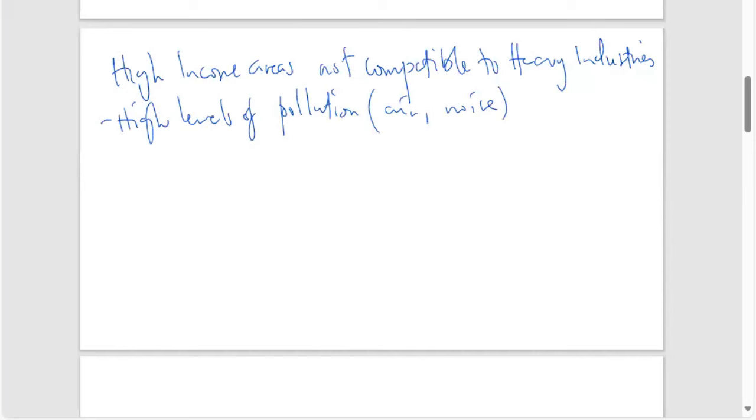And this is not compatible to high income areas. People from high income areas want to stay in a safe environment. They do not want to be associated with those pollution activities. And also for safety reasons, people in high income areas are concerned about their safety.